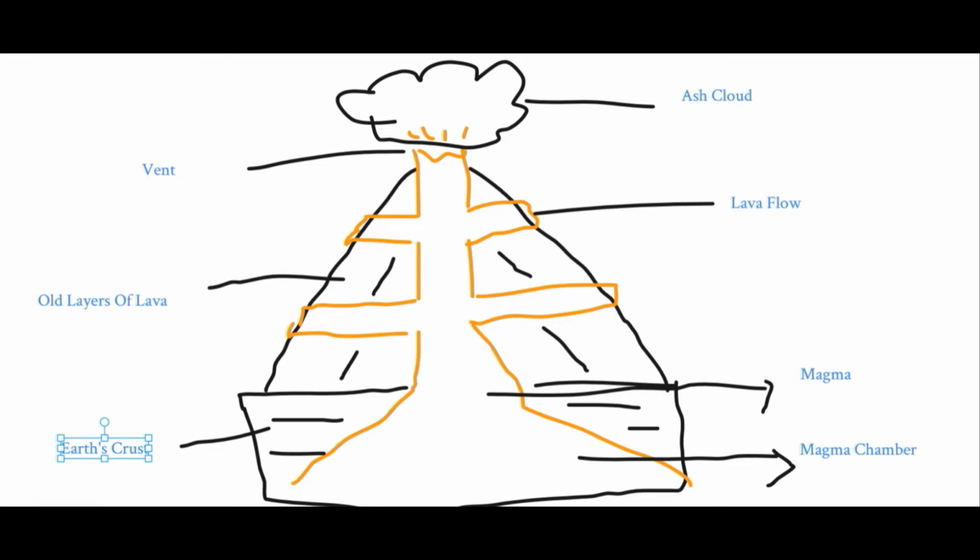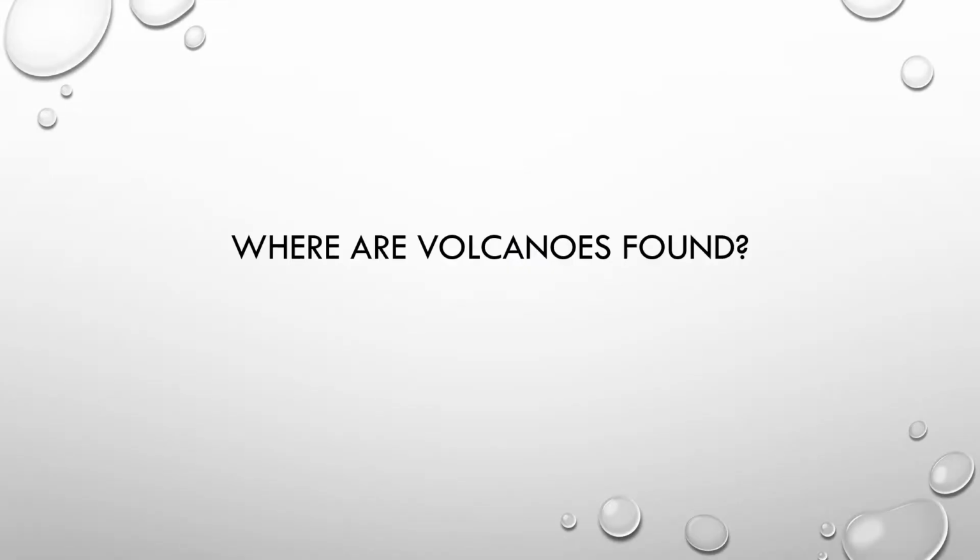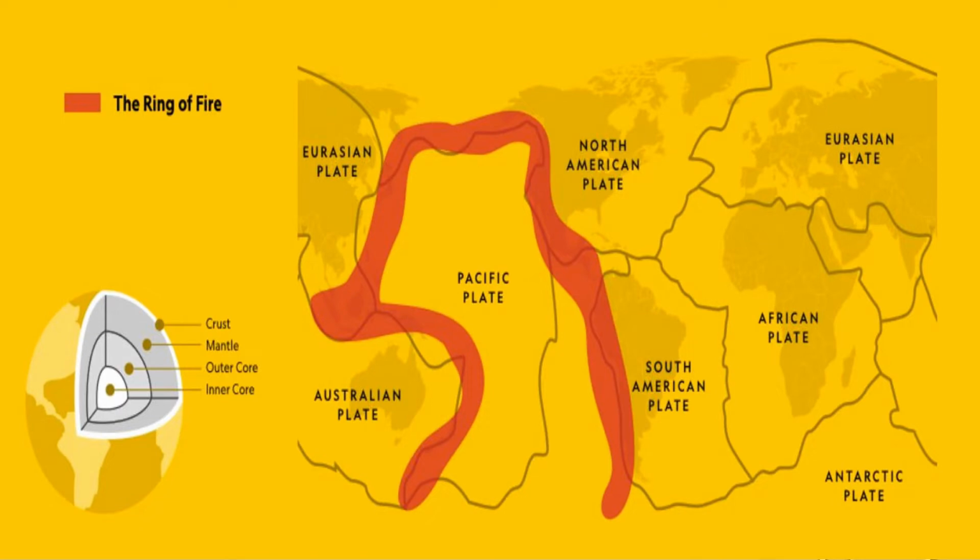Going ahead, let's see where volcanoes are found. As we know, the lithosphere is the outermost layer that surrounds the Earth. It consists of the crust and part of the mantle. This is broken into extremely large slabs called tectonic plates.